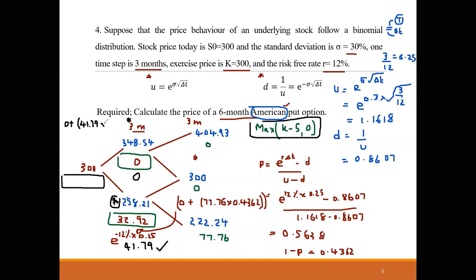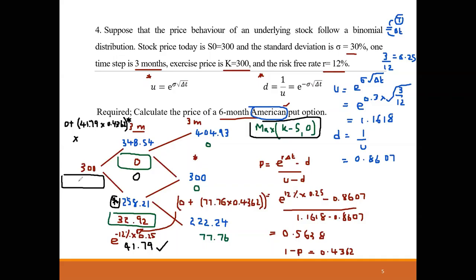But the probability of that occurring is 0.4362. So this will be your expected payoff after 3 months.